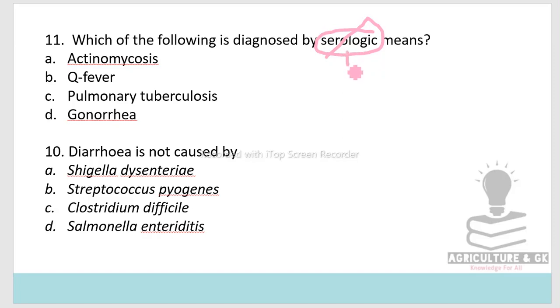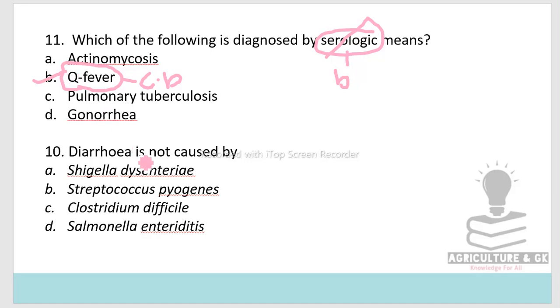The tests in which a blood sample is taken, these are serologic tests. So which of these diseases is diagnosed by serologic means? So it is Q fever. Q fever is diagnosed by serologic means, and Q fever is caused by Coxiella burnetii. This is also a very important question. Q fever is caused by Coxiella burnetii. So our answer is option B.